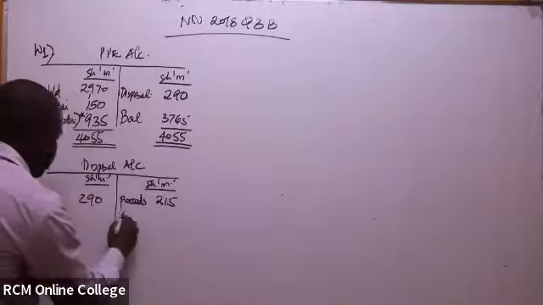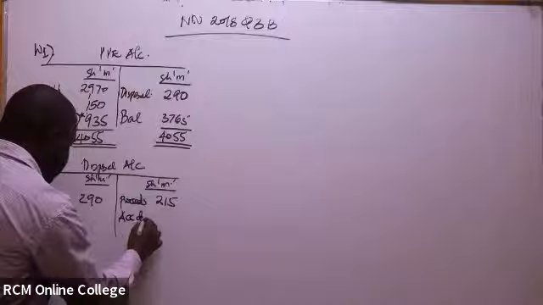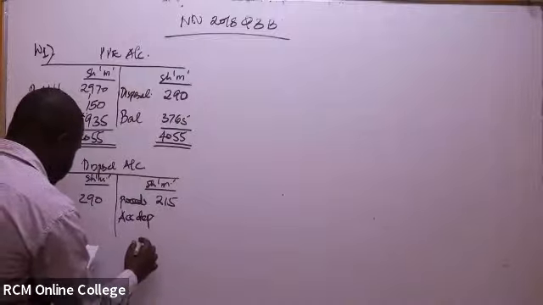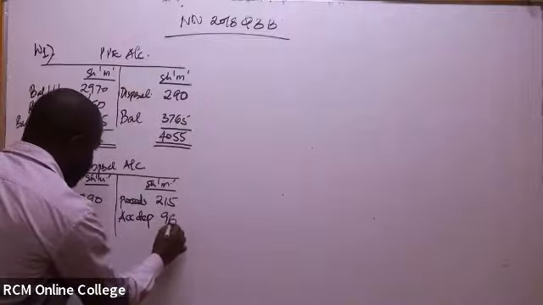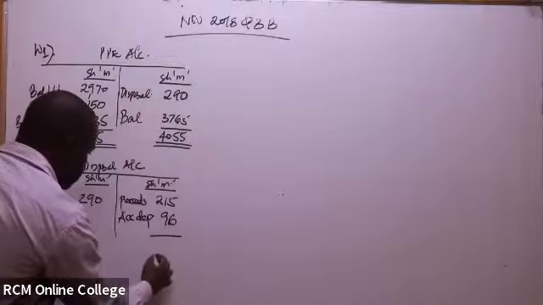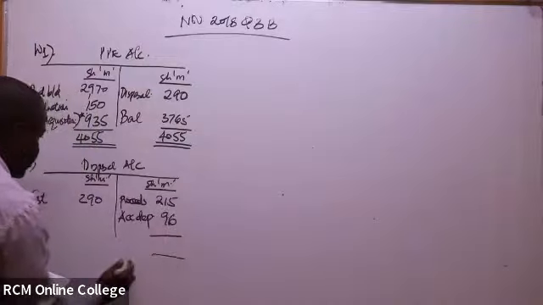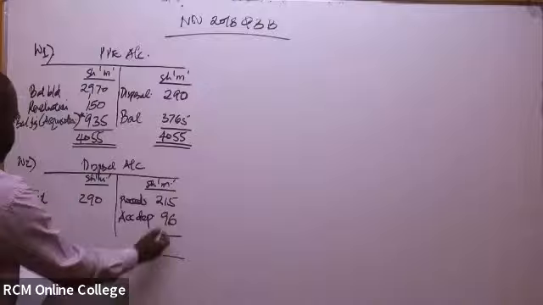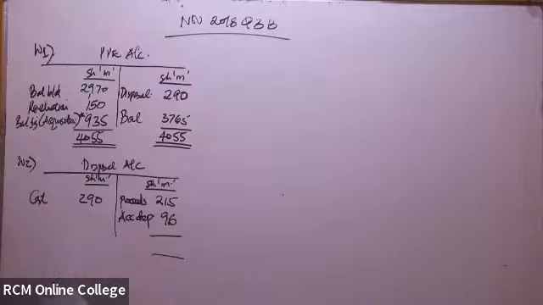Then there was accumulated depreciation of 96. So you'll realize that this side is more. If this side is more, is it a gain on disposal or a loss on disposal? It is a gain.